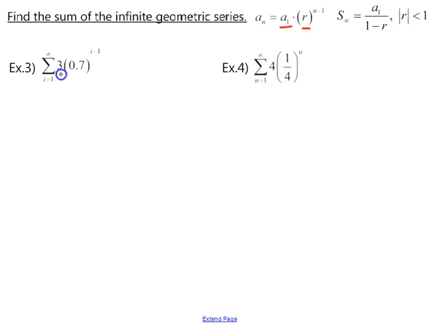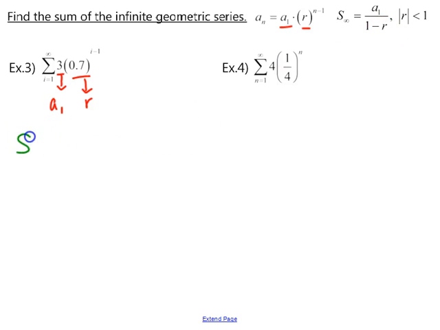So the important information we need is the first term. So 3 is our a sub 1, and then 0.7, this is our common ratio r. Now we're going to use those values to find the sum of the infinite geometric series.